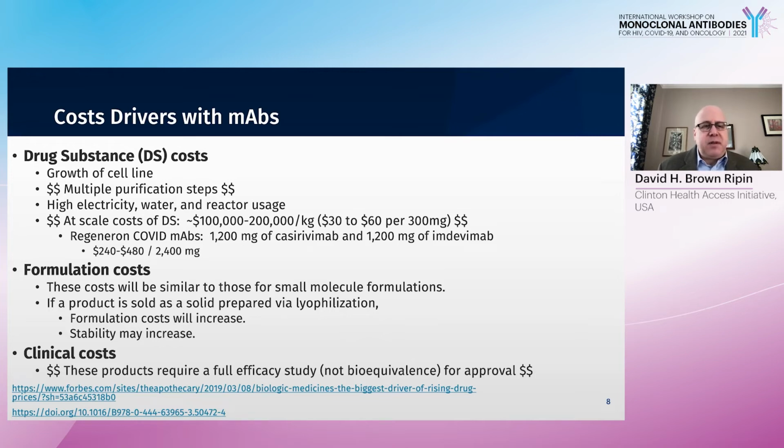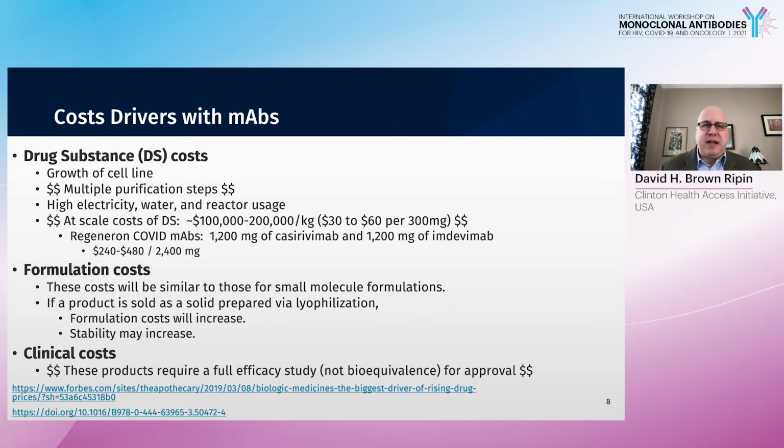As an example, we know that Regeneron, who's developed COVID monoclonal antibody treatments, those treatments are constituted of 1.2 grams of one agent and 1.2 grams of a second agent. When you add that all together, you're looking at somewhere between $250 and $500 for the single dose product.